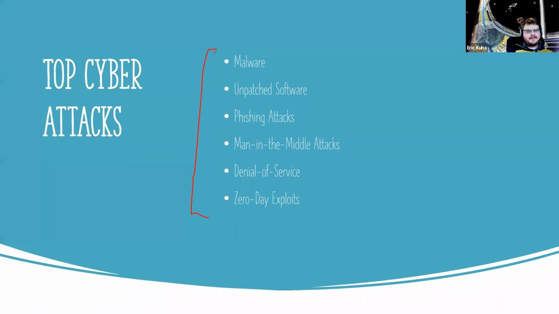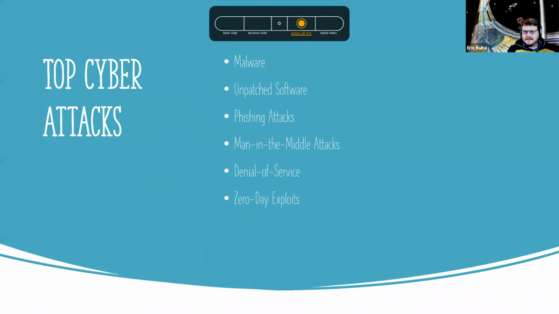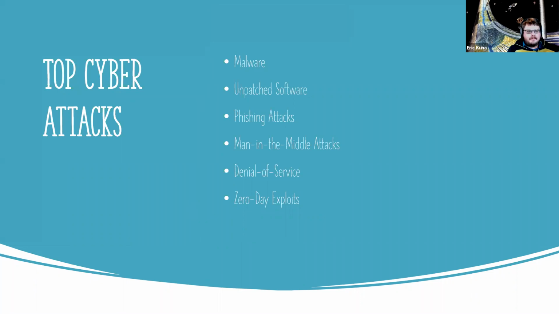Let's go through these fun things real quick, because I think talking about viruses and stuff is fun. Maybe I'll show you guys the rundown of all the different kinds of viruses there are out there, because those are pretty fun to talk about too. Okay, so malware, top cyber attack number 1, is just trying to install nefarious software on your computer that does something bad.